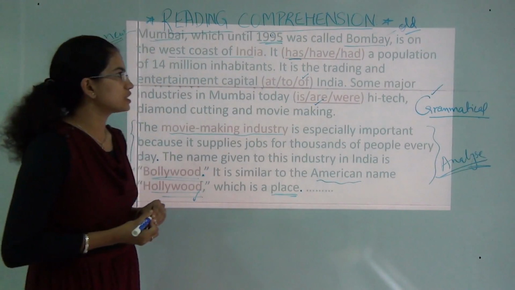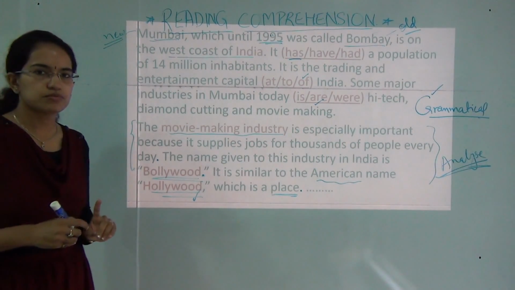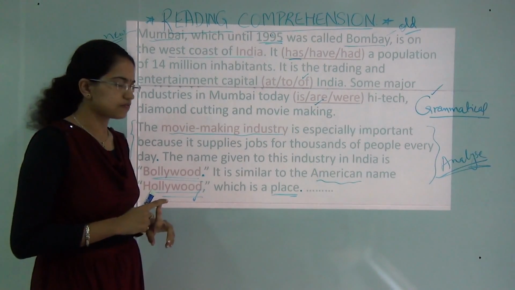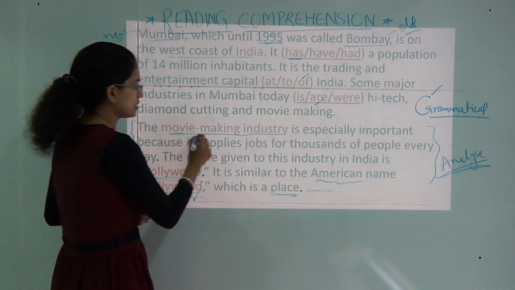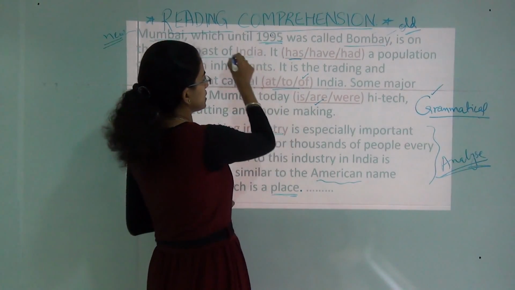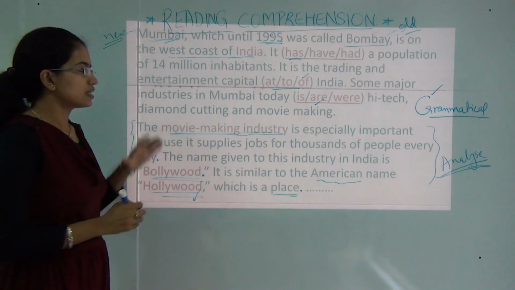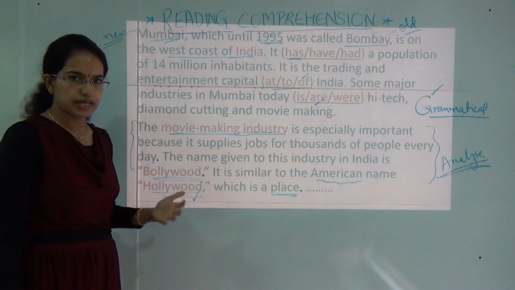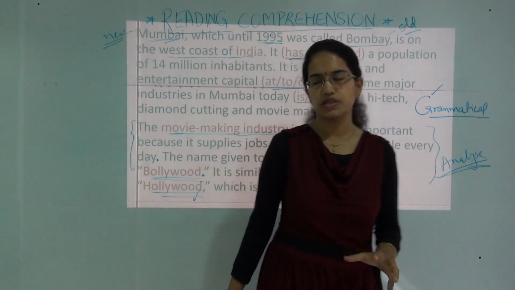I would just again focus on the basic points here. To solve any reading comprehension problem, the first and foremost thing is to do a quick X-ray of the questions. When you do a quick X-ray of the questions, you can highlight the important sections on which the question is being asked. Then you read the passage, find the specific sections and try to solve the questions.